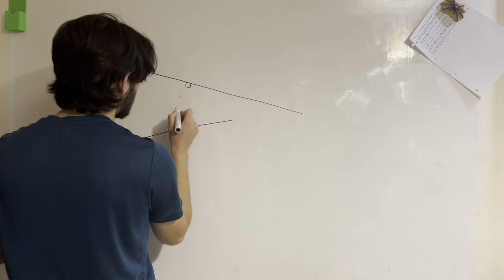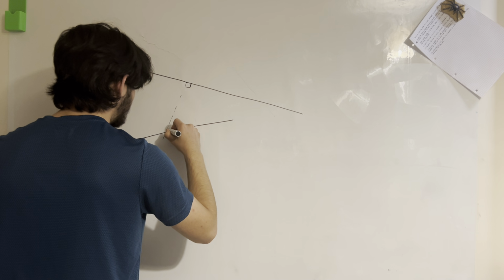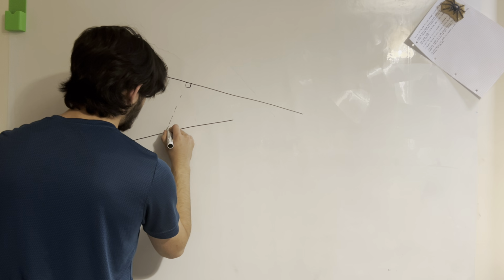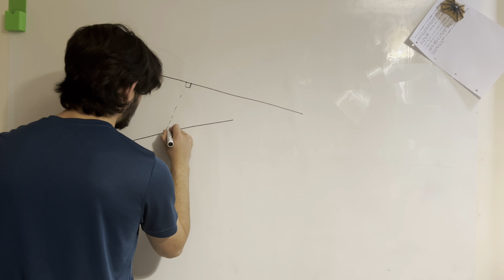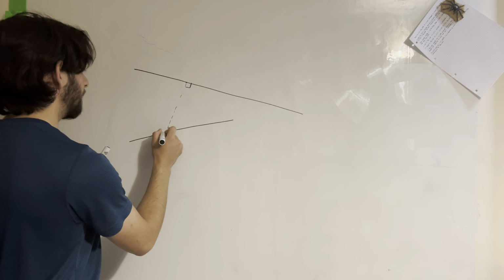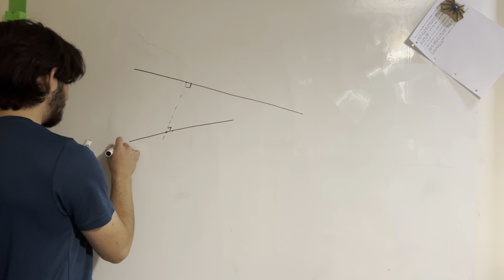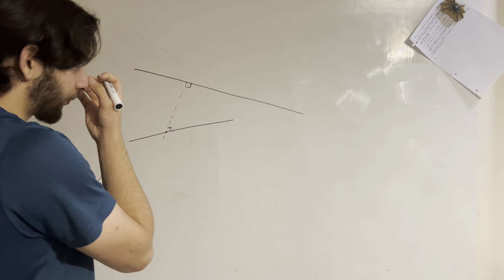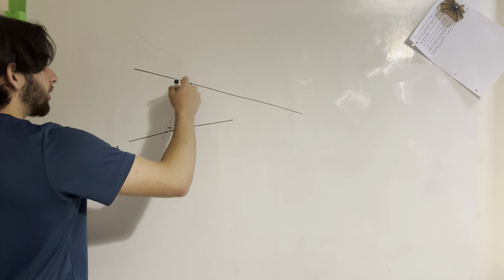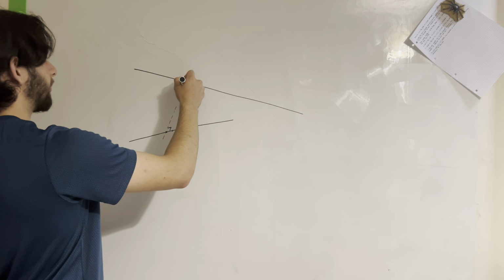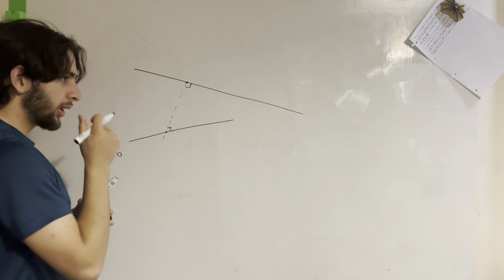Draw a perpendicular here, and a perpendicular like this. So yeah, this is one way in which you can represent a skew line. So this is the shortest perpendicular distance between the skew lines, the perpendicular that I've just drawn.